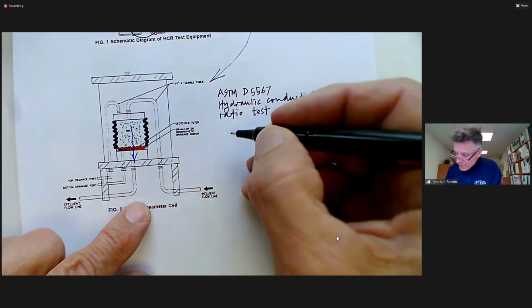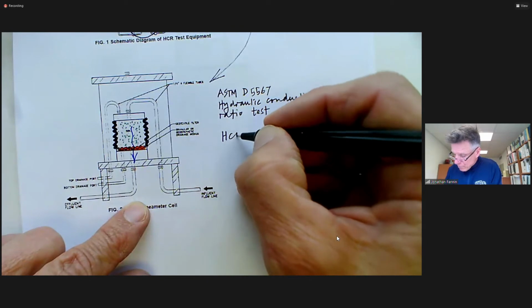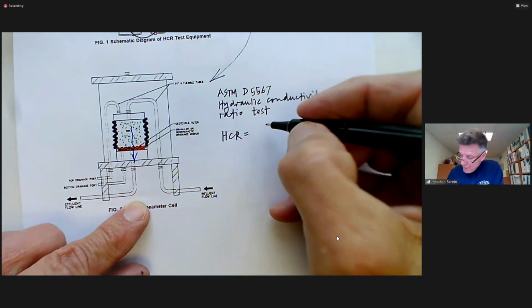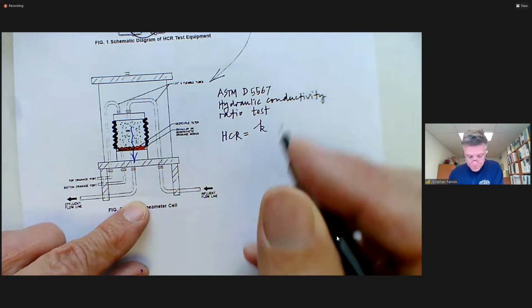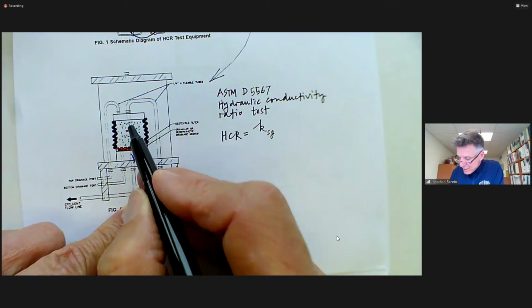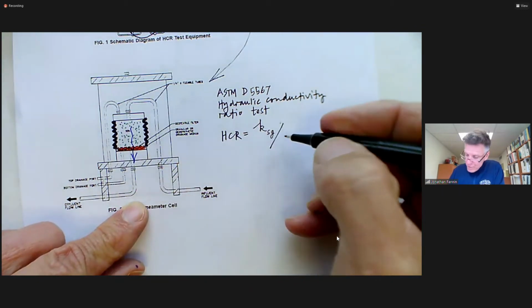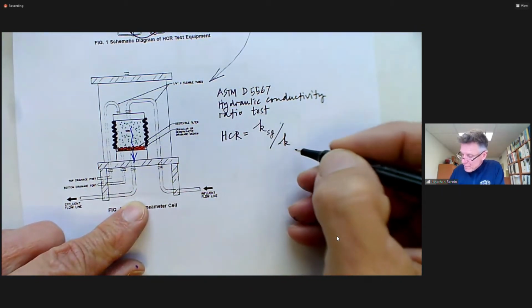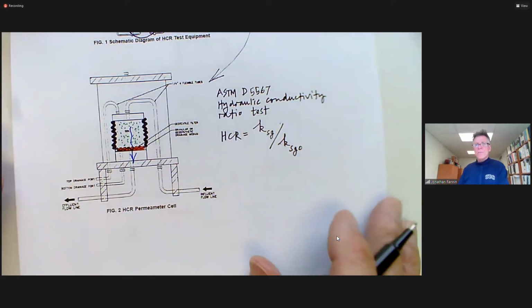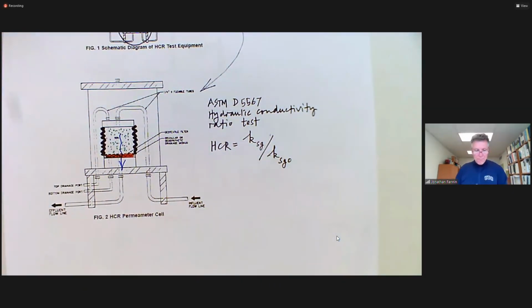And we'll park it at this point, that hydraulic conductivity ratio is defined as K through the soil geotextile composite, the end of test value over the initial value.